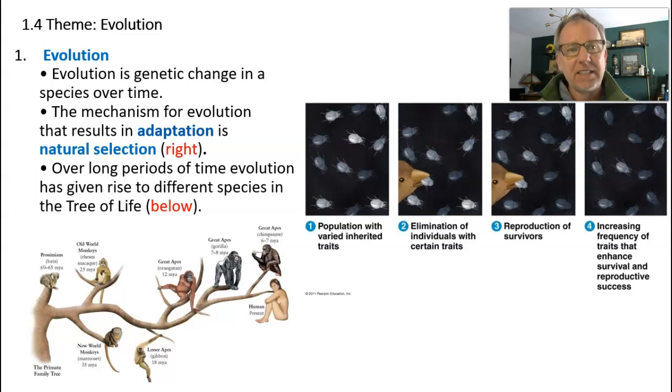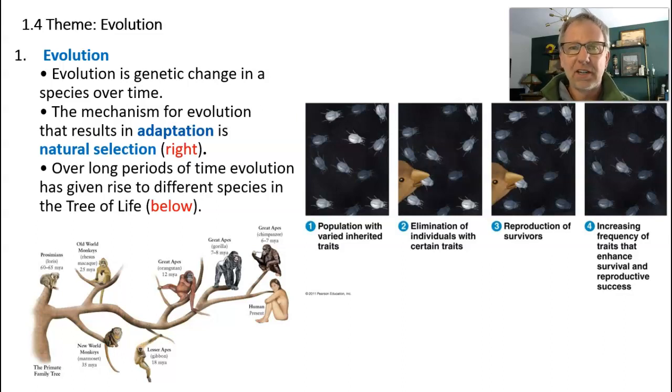The mechanism for evolution, the primary thing that causes genetic change over generations, is a process called natural selection. This is a mechanism. It's a way that evolution happens.